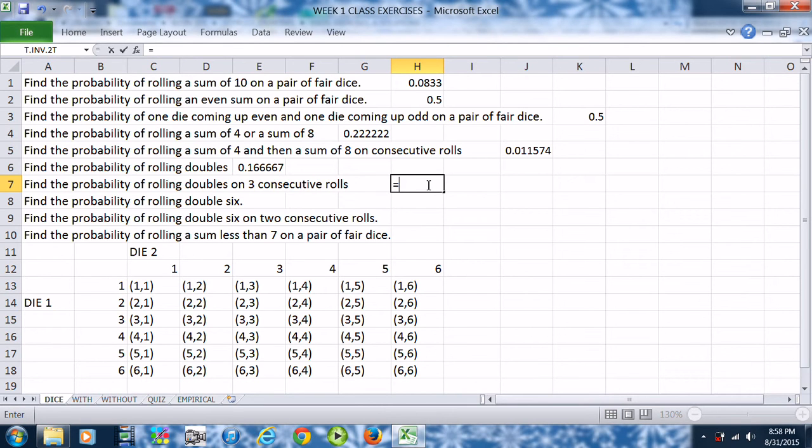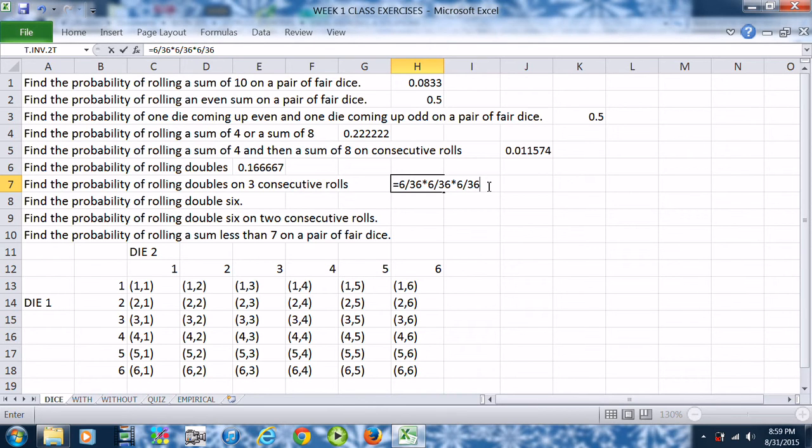So that means the first roll is doubles, which is 6 out of 36, and, which is a product rule or multiplication, the second roll is also doubles, so that is also a 6 out of 36, and the next roll is also doubles, that is again a 6 out of 36.